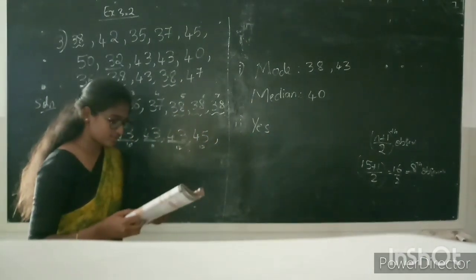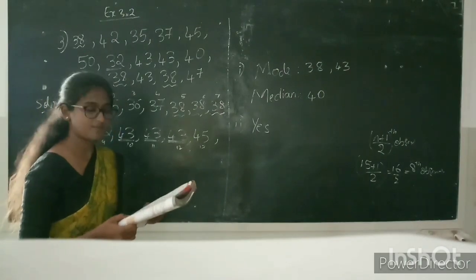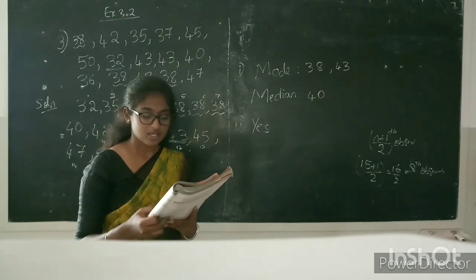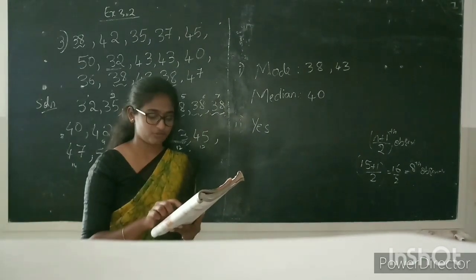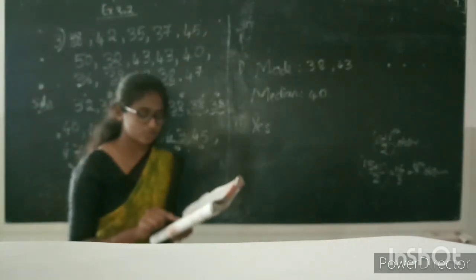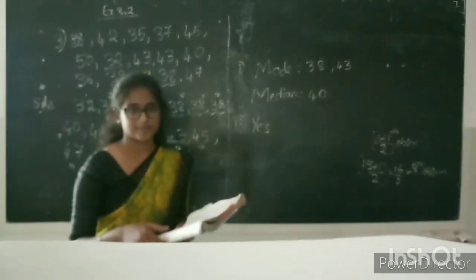Students, when we see the fifth question, tell whether the statement is true or false. Let us answer this true or false using this question as reference. The mode is always one of the numbers in a data.